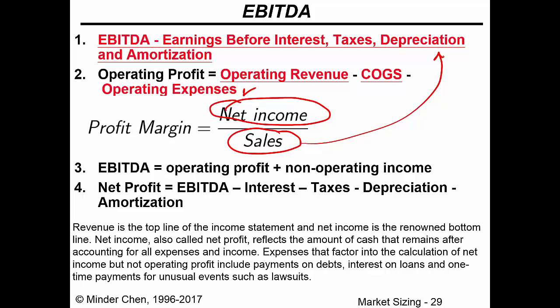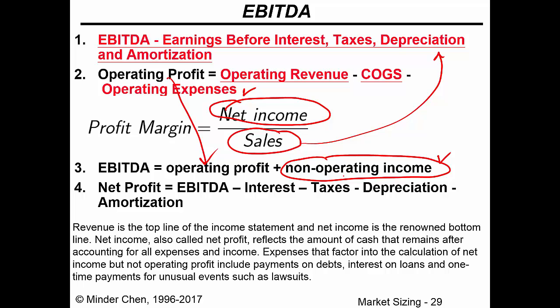So EBITDA, to give a more rigorous definition, may include not just the operating profit as we mentioned here, but also some non-operating income, because through some financial operation you may generate additional income by investing some extra cash or money that you have on hand to generate interest for your business.